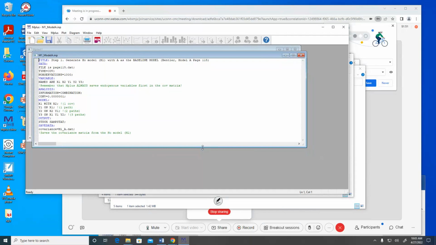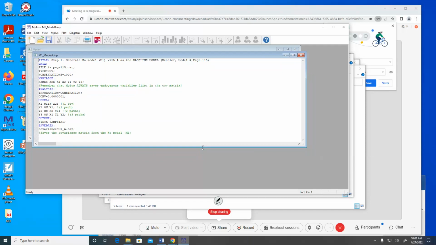It's a covariance matrix. And here's our model. You can check that it's actually the same as model A. Then we're going to save out this covariance matrix from this more restricted model, model 1. I'm just going to call it model 1 underscore A.